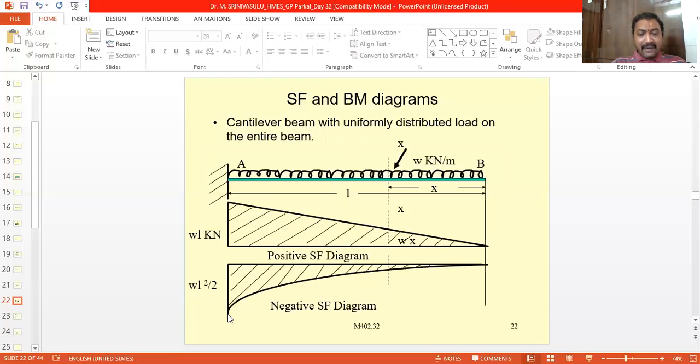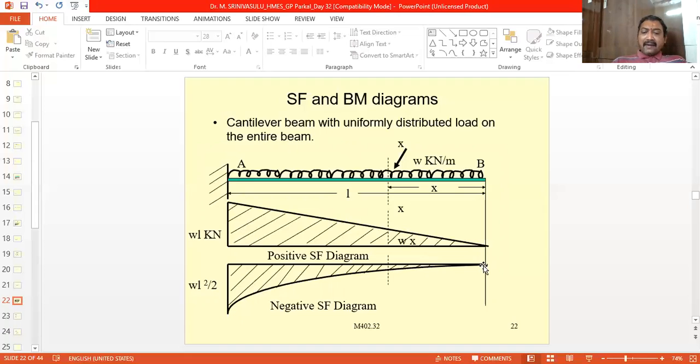Here the L value is more than the x, therefore this has some smaller value than that value. Therefore, we have shown it according to the proportions of the bending moment. So we have to take some scale, and according to the value of that bending moment, we have to take the proportions. So here is some less value, and here it is some more value.